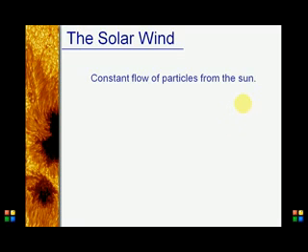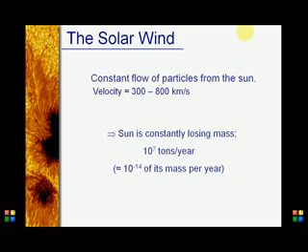So constant flows of particles from the sun have a velocity of approximately 300 to 800 kilometers per second, and the sun is constantly losing mass, 10 power 7 tons per year, which is 10 power negative 14 of its mass per year.